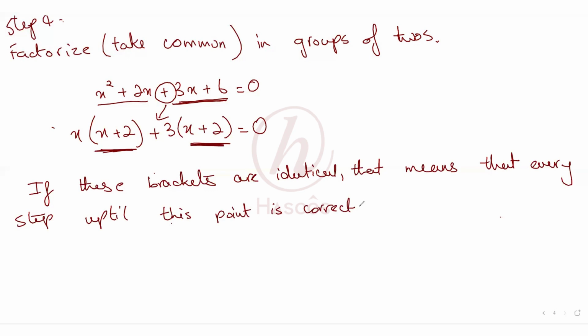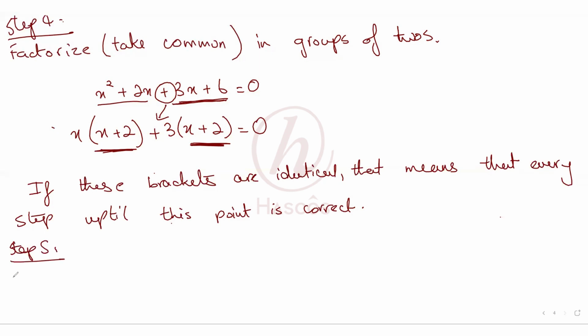That means everything that we have been doing up till this point is perfectly all right. We haven't made a single mistake up to this point. Now that enables us to transition on to step 5.